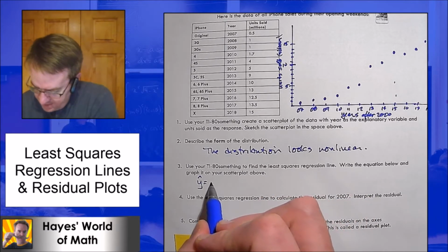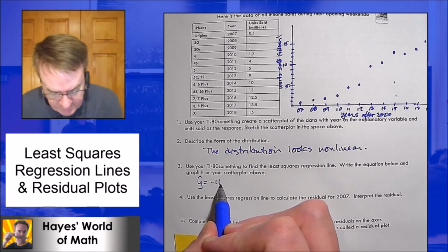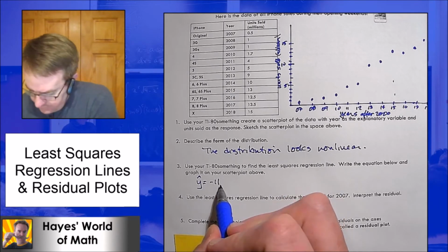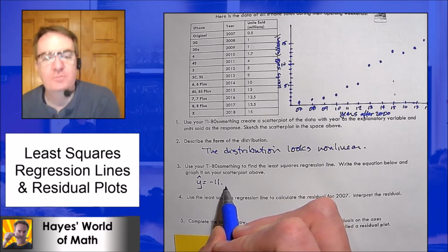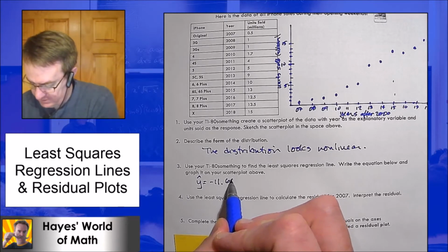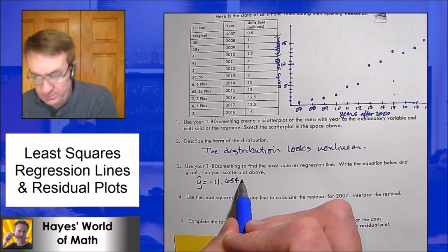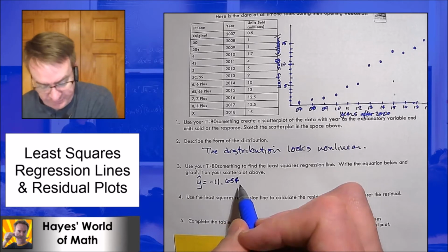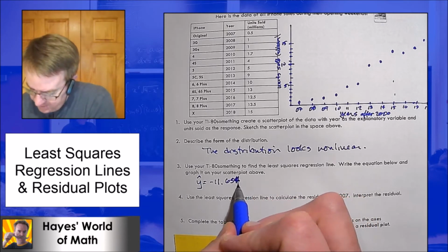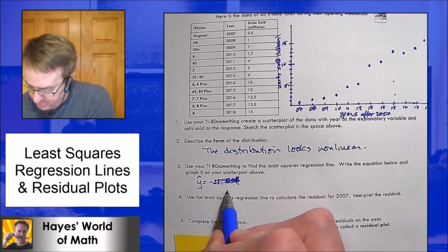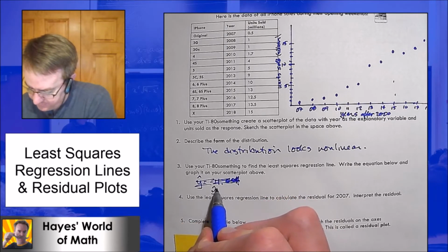So it is a negative 11.654. And let's go 6.54. Always better to go a little bit more than less.